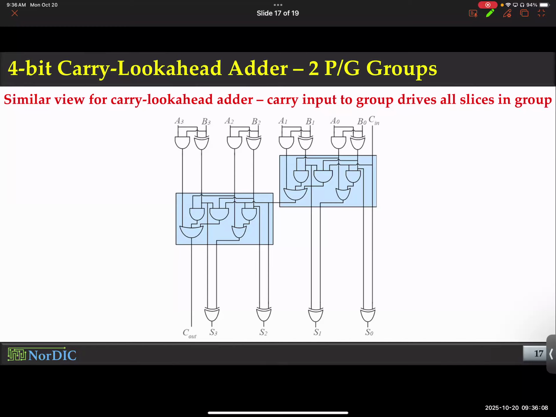Am I making any sense? In the 16-bit scenario, we had 4-bit look ahead blocks, right? In the previous slide. Here, we are just reducing the number space a little bit to make it more manageable to show. Imagine your total number is 4-bit and your carry look ahead is just 2-bit at a time. Can I not extrapolate it to 4-bit? Can I do that, folks?